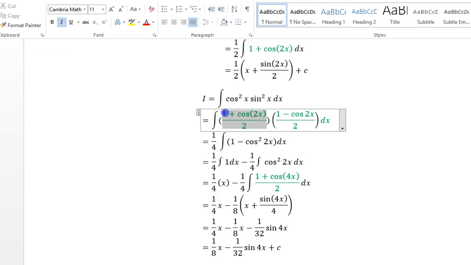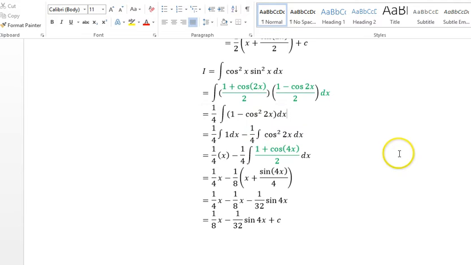So it will be the square of 1, so that is 1, minus the square of the second piece, which is the square of cosine 2x. So it's cosine squared 2x. Very good. So we wrote it as cosine squared 2x, and now the integral of 1 is easy, that is just x.